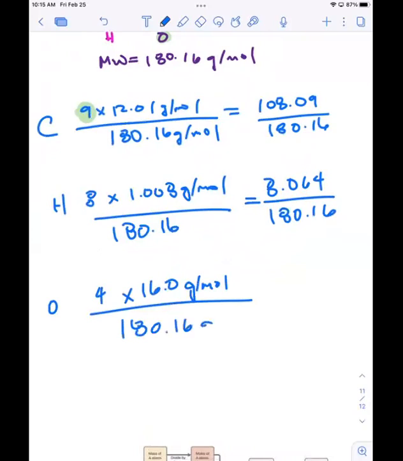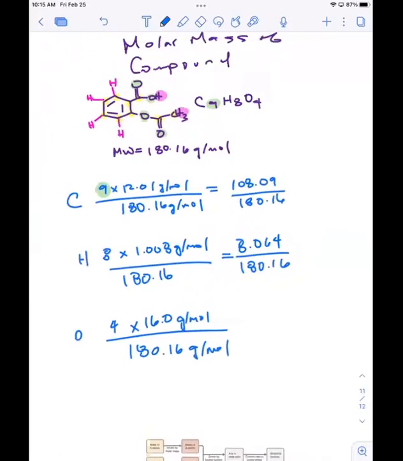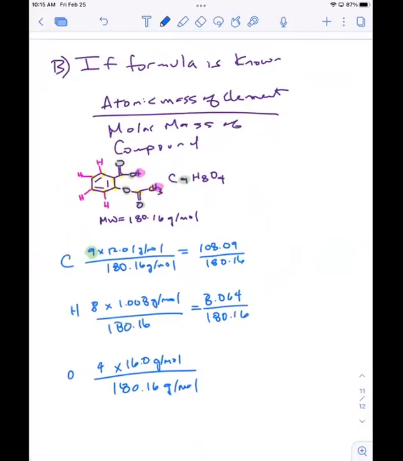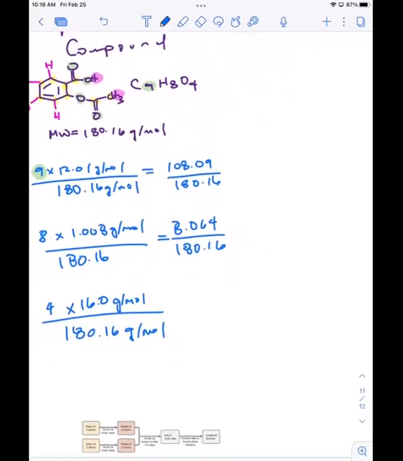So for this particular example, if we know the formula, but we don't necessarily know the masses of each of the elements in the formula, we can still figure out the percent composition because we can use the molecular formula, the atomic mass of each atom, and then the total molar mass. We can figure that out. All right. So now we got 4 times 64 divided by 180.16.